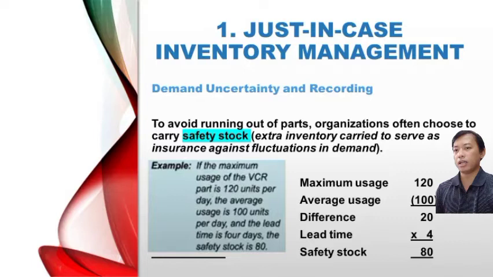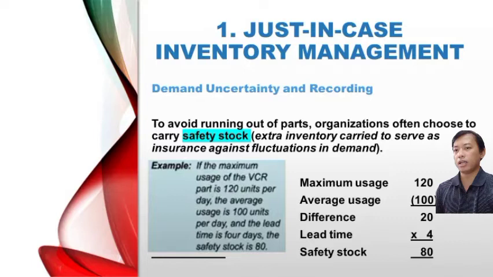So here is the example. If the maximum usage of the parts is 120 units per day, the average usage is 100 units per day, and the lead time is 4 days, the safety stock is 80. So we have here the formula to get the safety stock. Maximum usage is 120, average usage is 100.